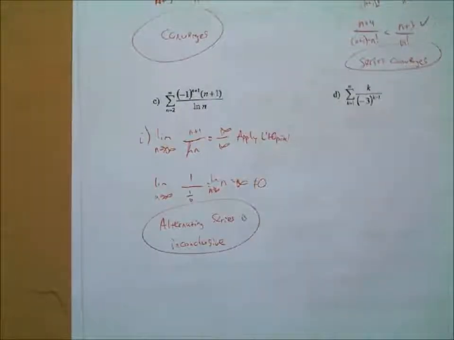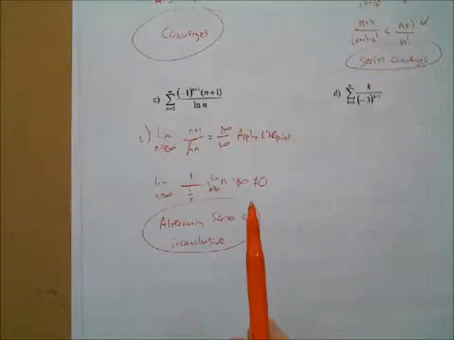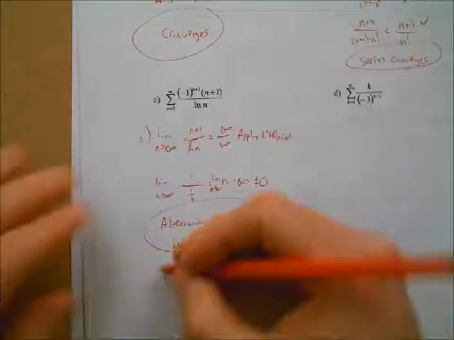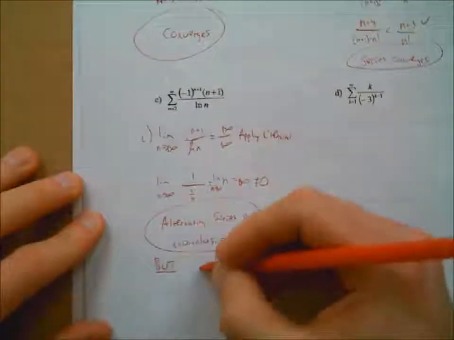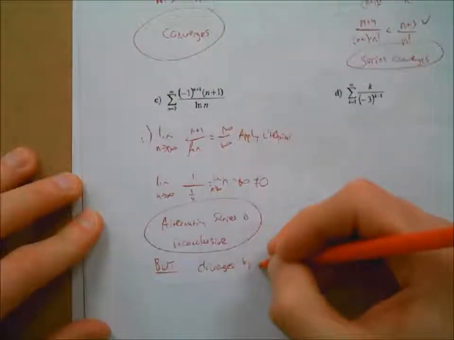But because we see that each term is going to grow towards infinity, and we're just going to be alternating between positive infinity, negative infinity, positive infinity, negative infinity, we can say that it's going to diverge by the nth term test.